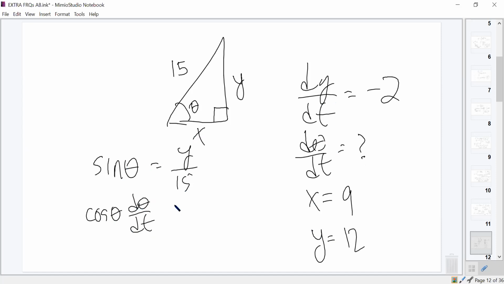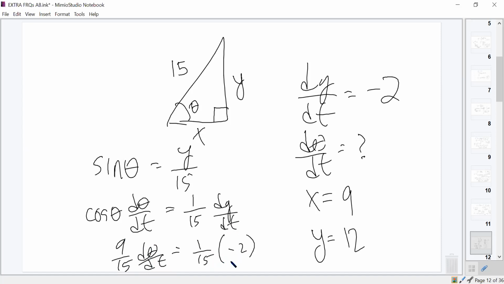So cosine theta d theta dt equals 1/15 dy dt. The cosine of theta is just adjacent over hypotenuse, so that's 9/15 based on the 9 that they gave us there. So 9/15 of what we're looking for is equal to 1/15 times -2. You cancel out your 15ths, and you end up with d theta dt equals -2/9.